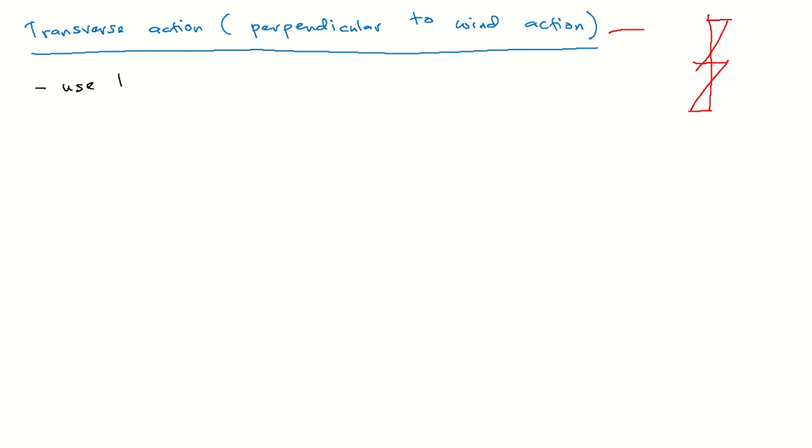So we will use the one point subframe method. For this building we have 5 stories: this is 1, 2, 3, 4, 5-story.